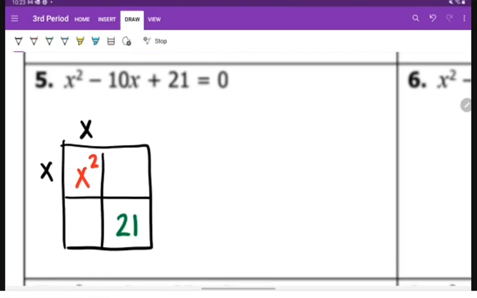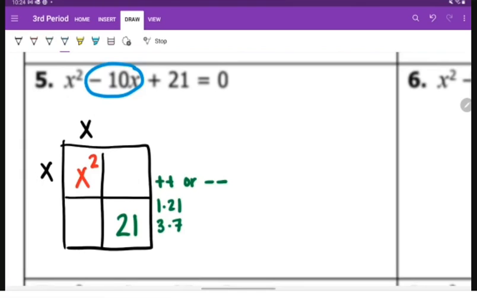The positive 21 is going to be made up of either 1 times 21 or 3 times 7. And since it's a positive 21, it's either going to be made up of two positives multiplied together or two negatives multiplied together. But take a peek at this middle term. It's negative.